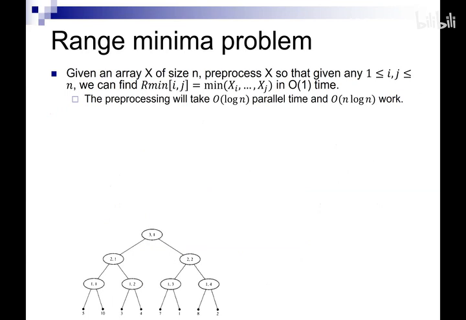This problem is called the range minima problem, because we're given a range within X and we want to find the minimum value in that range. Again, we're given an array X of size n, and you're allowed to pre-process X, and then after doing this, for any two indices within the size of X, we need to be able to find the minimum value in that range in constant time.